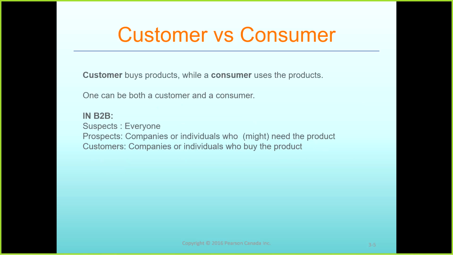So suspects in B2B is pretty much every single company or close to it. And then you've got prospects. This is where companies or individuals who might need your product, and certainly this is for you to identify. These are called prospects. Usually a prospect has not bought from you or from a company in the last couple of years.